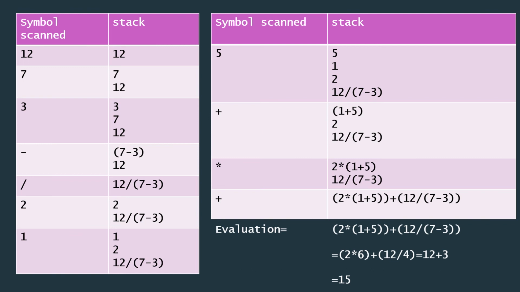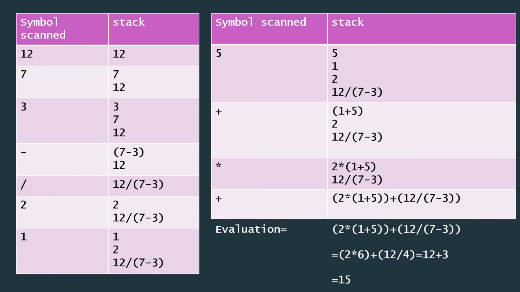Now we'll scan all the symbols one by one, and we will put the operands one above the other. Then when an operator comes, we have to pop the top two elements and put the operator in between those two operands. So like that we can get the infix expression.